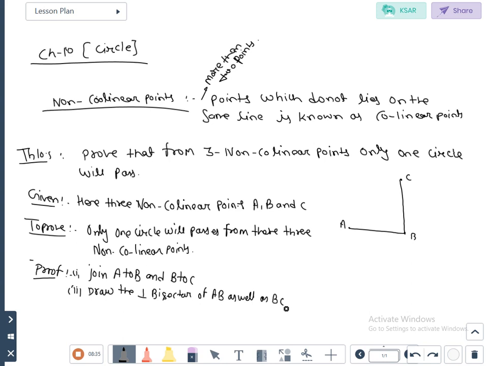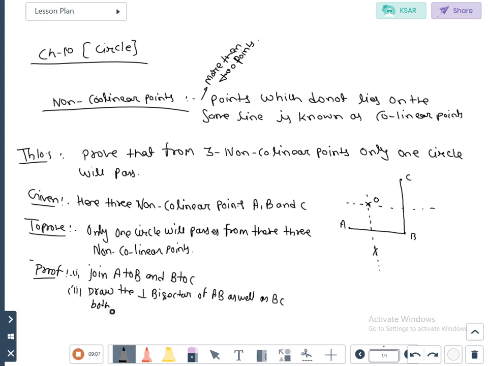You all know how we draw the perpendicular bisector of any line segment. We open the compass more than half, cut arcs up and down from point A and point B. That is the perpendicular bisector of AB. Similarly, we draw the perpendicular bisector of BC.